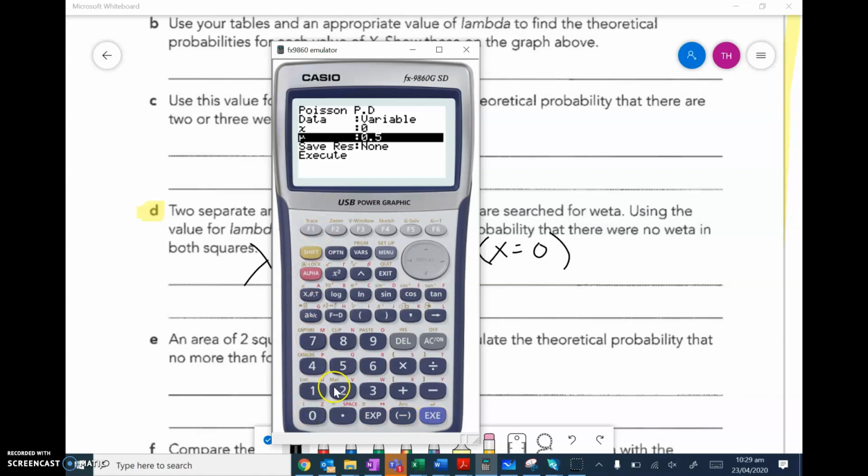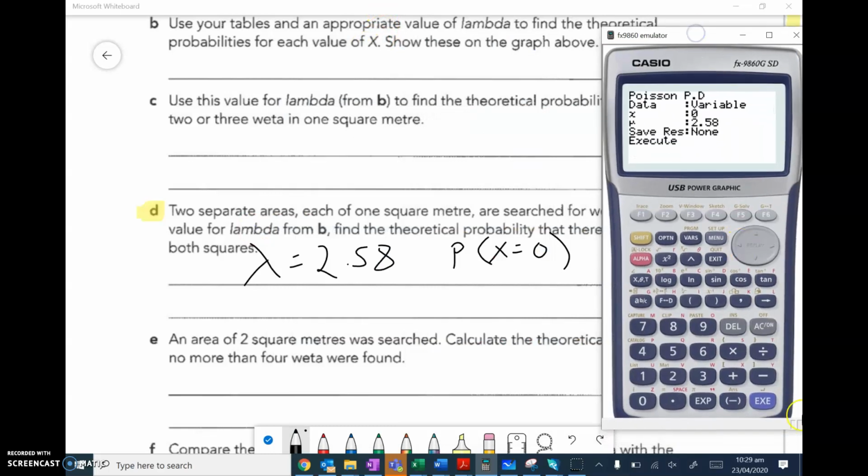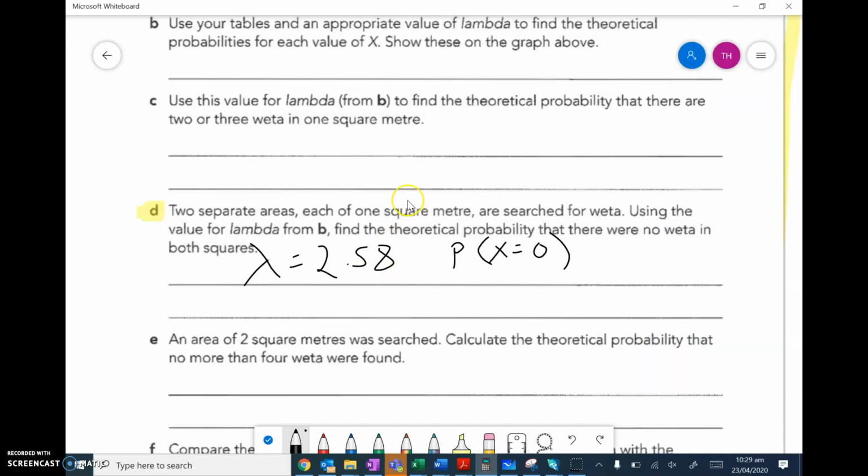My lambda was 2.58. Should move this back over here. And the result I get is 0.076. Rounding one more decimal, 0.0758.